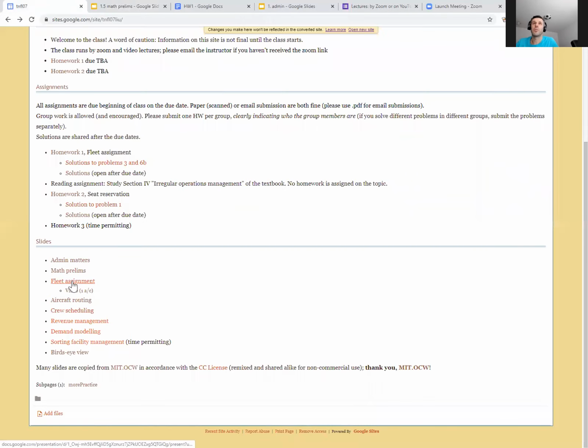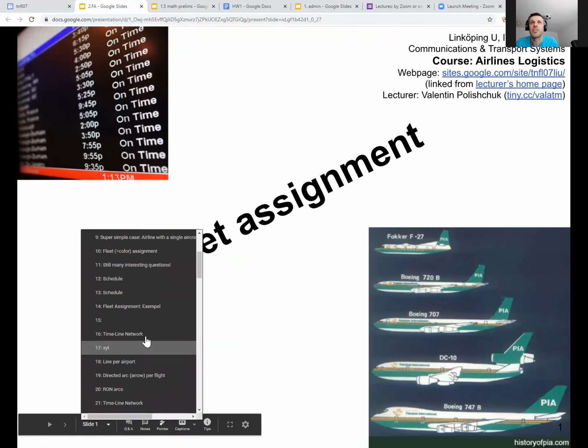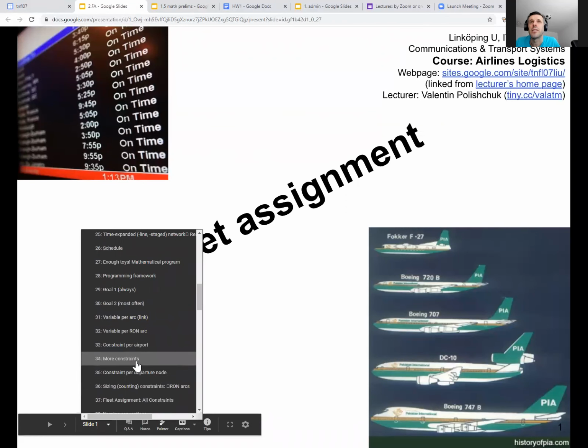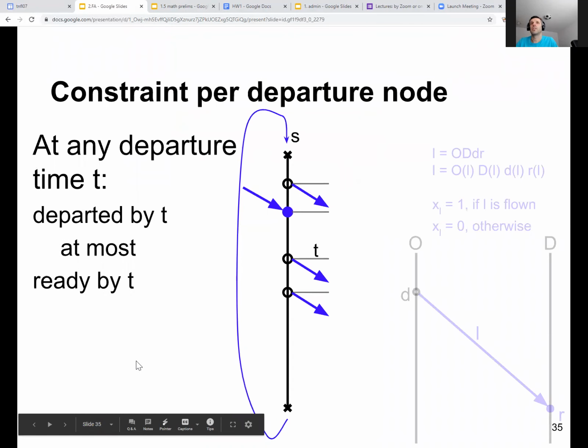If you go through the fleet assignment lecture, I still have 1 minute, and maybe I will go to some slide in the fleet assignment lecture which is heavy on notation. Something like this. So you will have constraints.